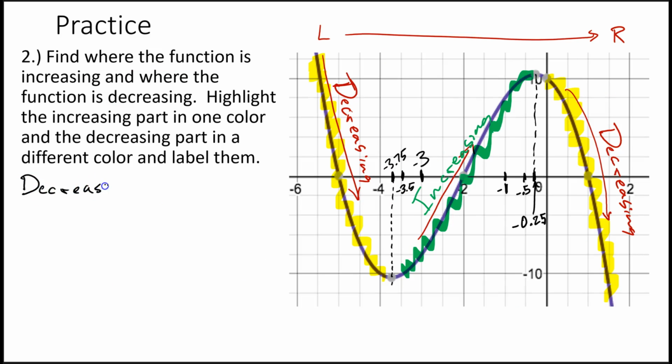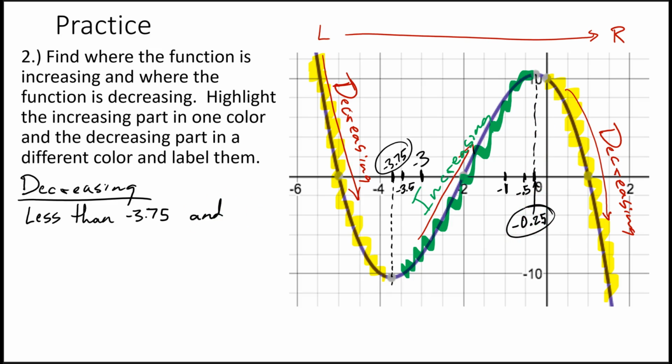So decreasing, that is going to be when we are less than, we said -3.75, so that is when we are less than -3.75, and when we are greater than, we said -0.25, and greater than -0.25. That is when we are decreasing.